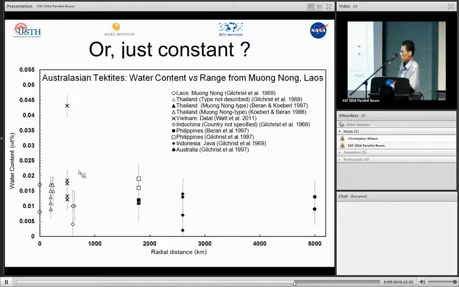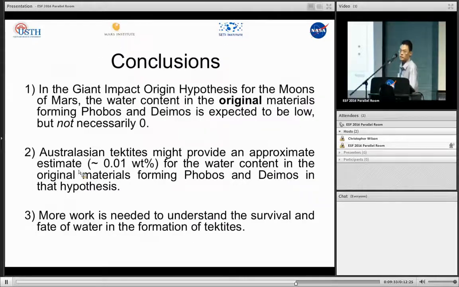And in conclusion, in the giant impact origin hypothesis for the moons of Mars, the water content in the original material is expected to be low, but not necessarily zero. Australasian tektite might provide an approximate estimate for the water content in the original material forming Phobos and Deimos, approximately 0.01 weight%.